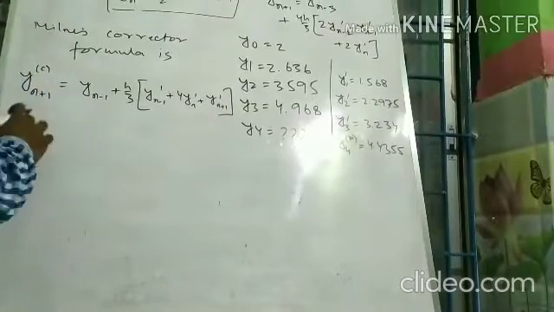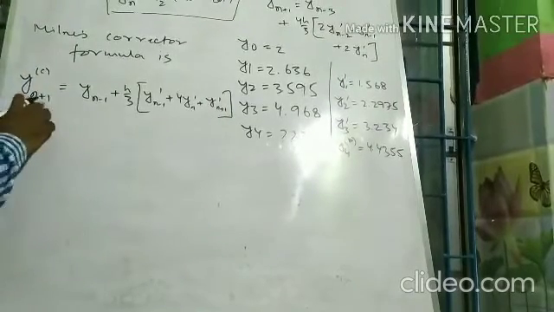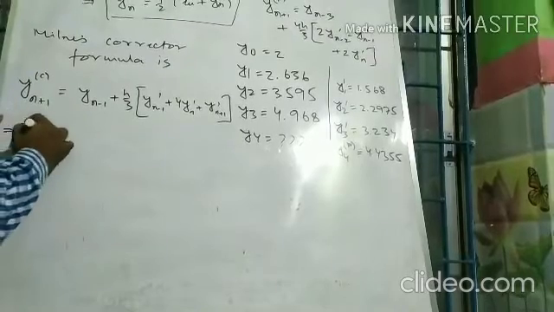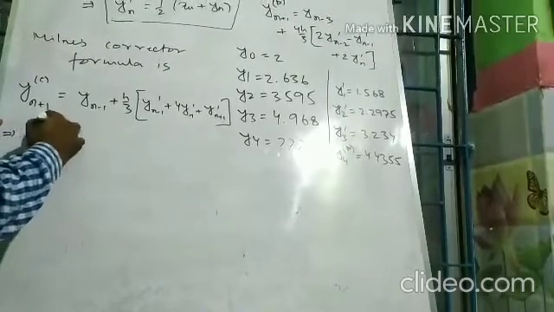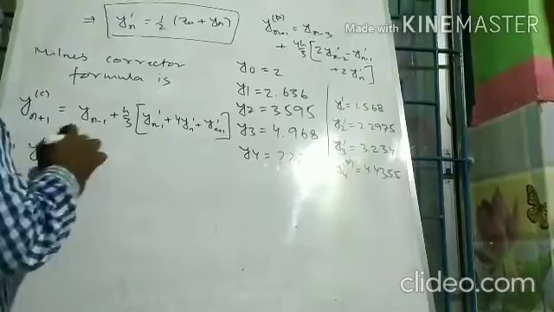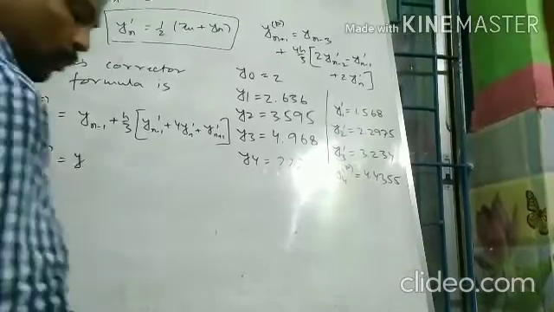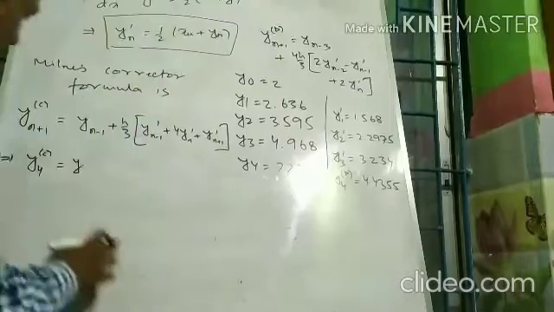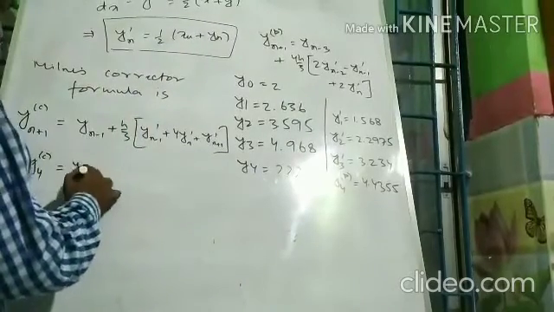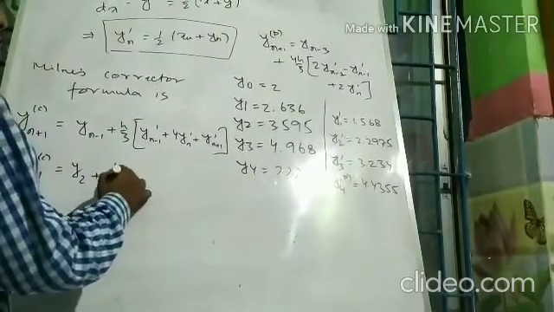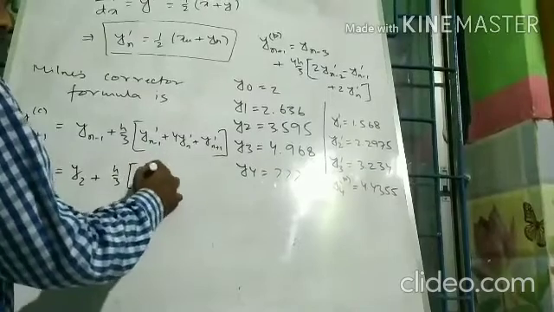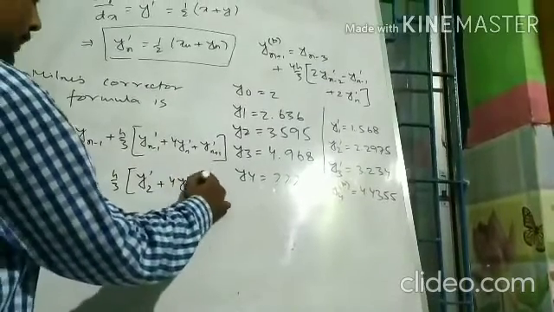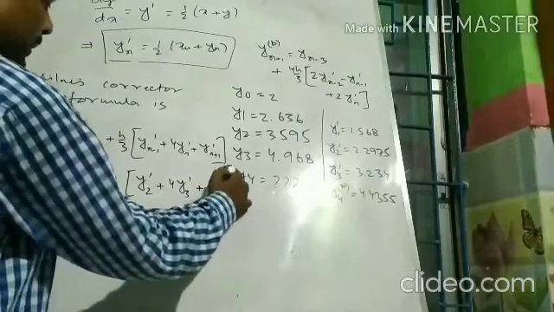Now we have to calculate y4. So n plus 1 is 4, so n equals 3. So y4c equals y2 plus h by 3 times y2 prime plus 4 y3 prime plus y4 prime.